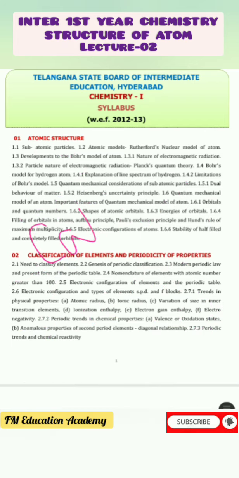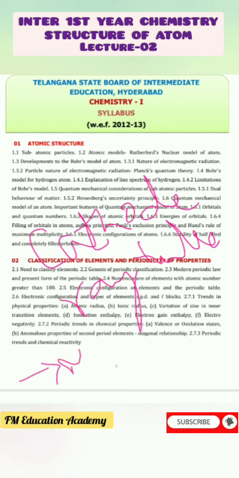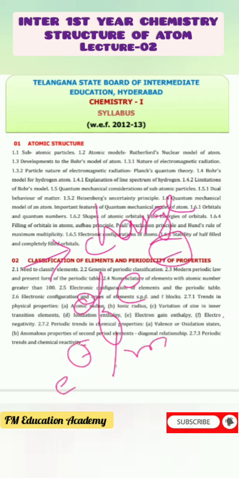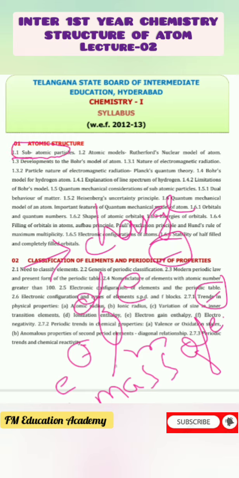We also saw Millikan's oil experiment and how different scientists found out the charge of the electron, the charge to mass ratio of the electron, and also the mass of the electron. We all need to remember all these points. So I just wanted to give you a brief of what we did. Only one topic was completed last time.